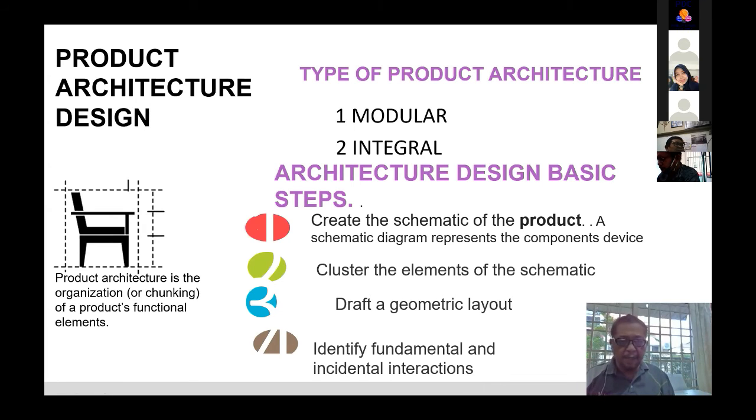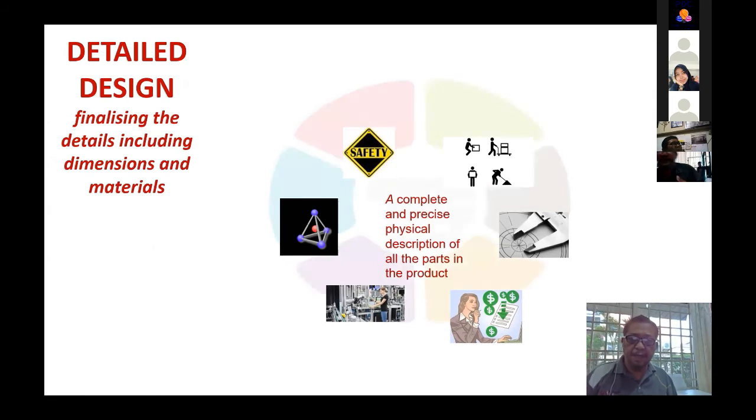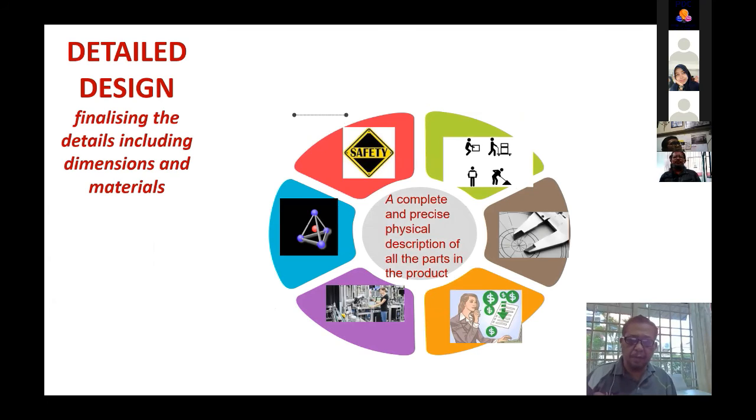And finally, you identify the fundamentals of each component and each cluster of elements, and the next step is detailed design, which is putting details to all the components and all the elements in the product design.